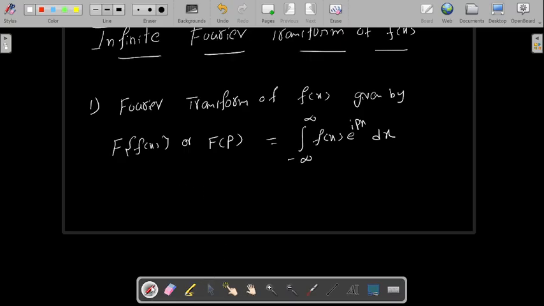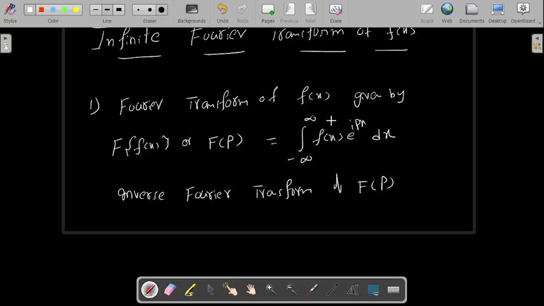So whenever a Fourier transform is there, immediately you have to learn its inverse Fourier transform. Am I audible? Can anyone respond? Yes, sir. Now whenever you learn the Fourier transform, immediately you have to learn its inverse Fourier transform. The Fourier transform of f of x is F of p, and now we are defining the inverse Fourier transform of F of p.